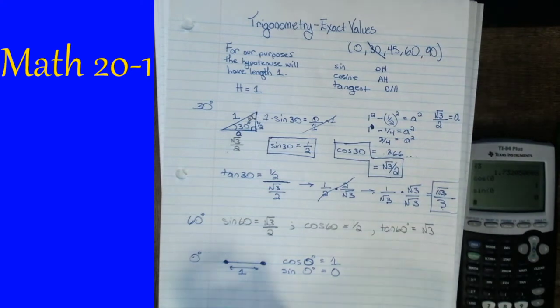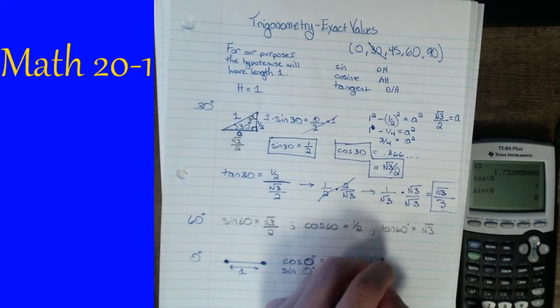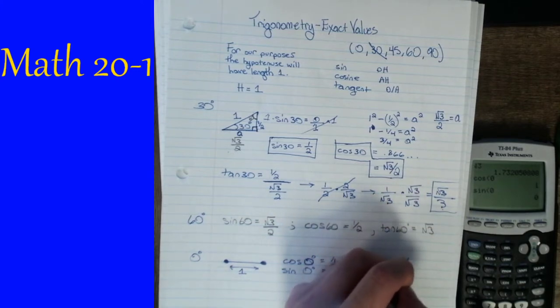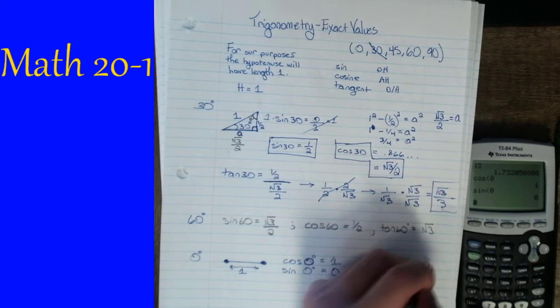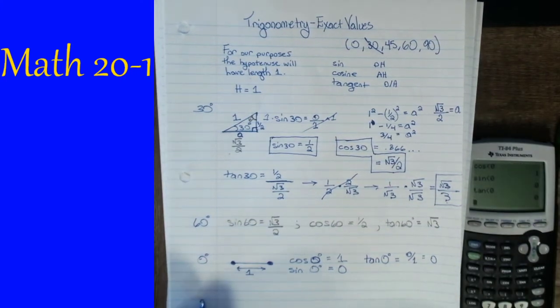And the tangent of 0 should very simply be opposite over hypotenuse, or sorry, opposite over adjacent. So it's 0 over 1, which is equal to 0. Okay, so 30's done, 60's done, 0's done.